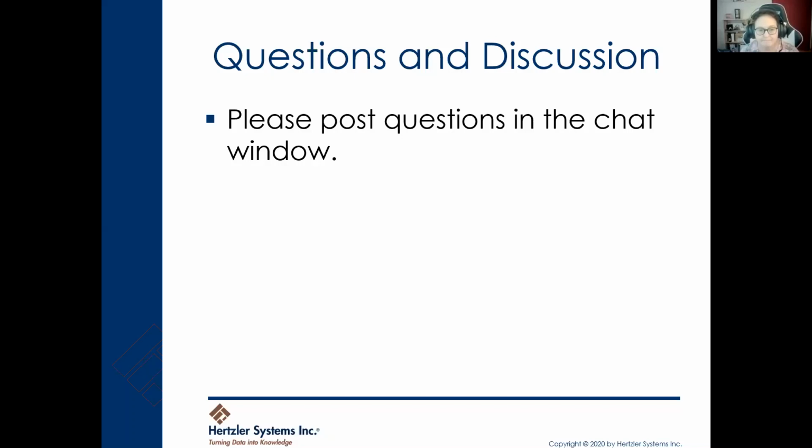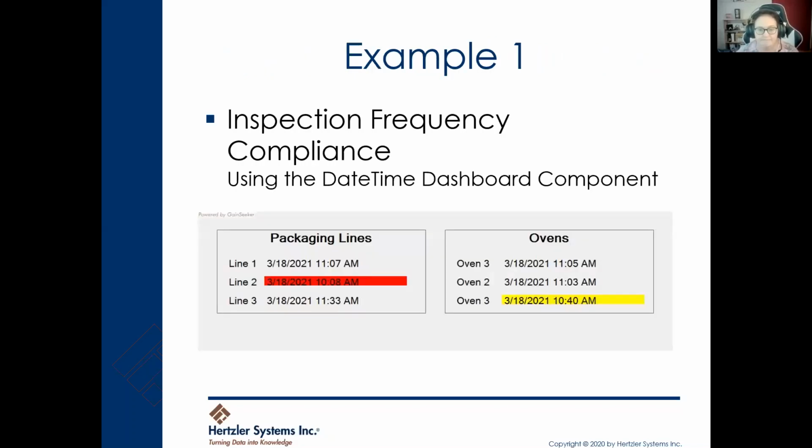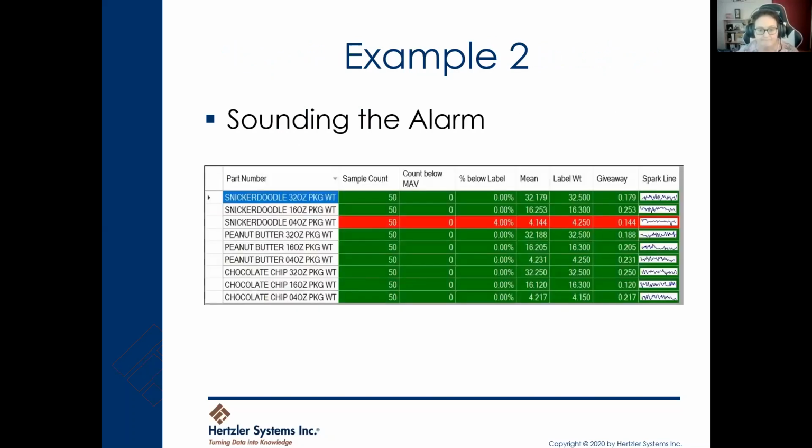So having that big screen display that we showed, let me switch back to that. Okay, this was showing them right away not only what their mean was, but what was the label weight and the giveaway. Now, obviously, they want to put the mean of their distribution as close to their label weight as they can, but they also need to make sure that they don't end up with too high a percentage of bags below label.